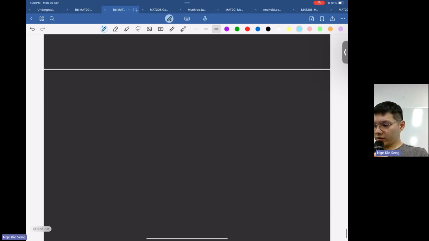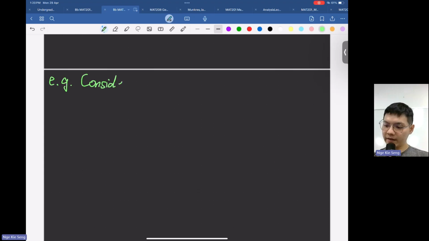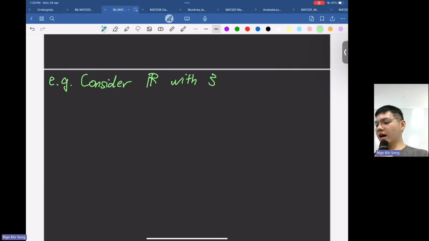Okay, all good. So next, we will introduce some more topologies on the real numbers. Let's consider three different topologies on the real numbers, because now we have a convenient way to talk about a topology, which is just specifying the basis elements.